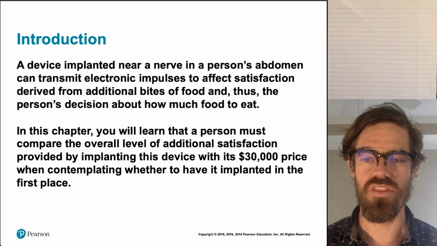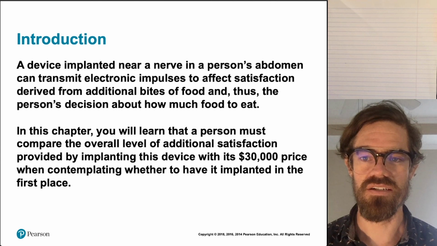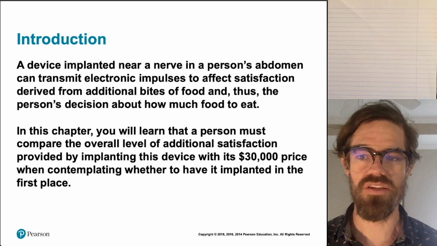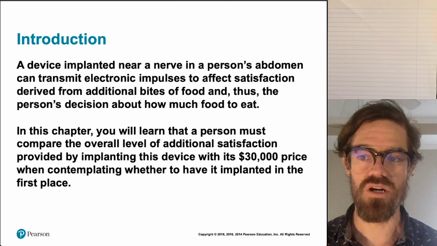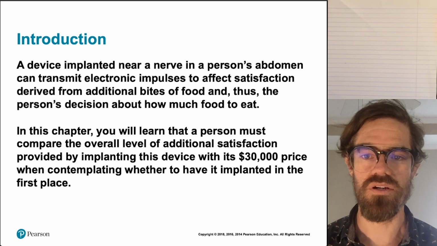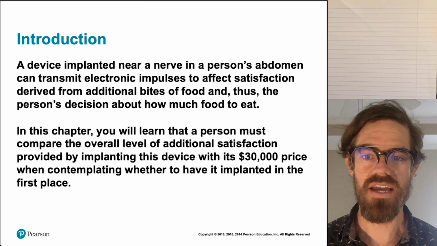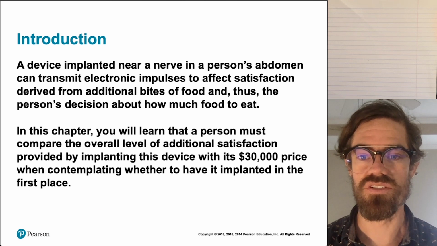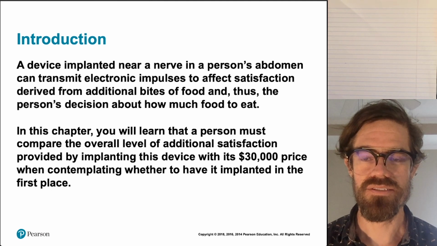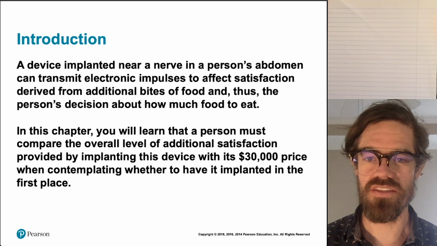In this chapter, you will learn that a person must compare the overall level of additional satisfaction, right? So marginal satisfaction, something that we will call marginal utility. They need to compare this additional satisfaction provided by this device, and weigh it against its price, the additional cost of getting it, which is $30,000. So it's a pretty interesting thing to think about.